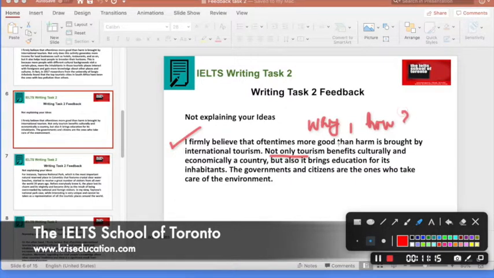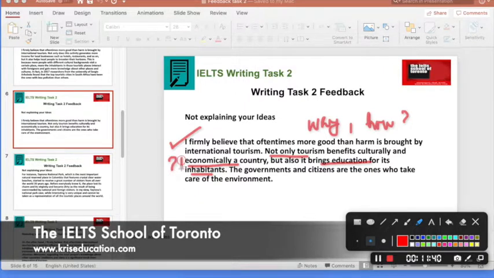So what this guy is saying is that not only does tourism benefit a country culturally and economically, but how does that happen? You need to explain. Don't only mention, but explain, go deeper. So this idea is not fully explained, but it also brings education for its inhabitants. And again, how does tourism do that?